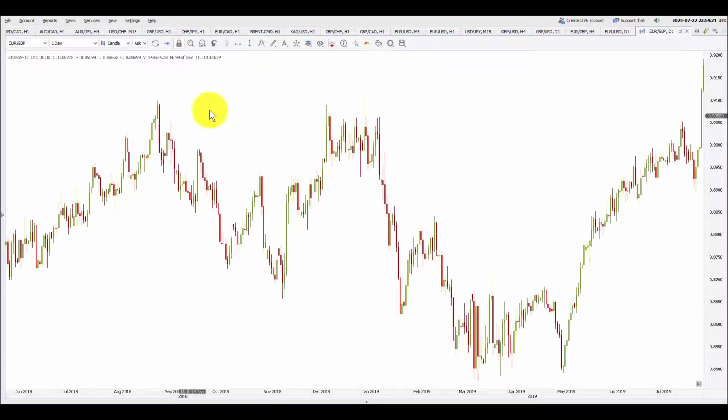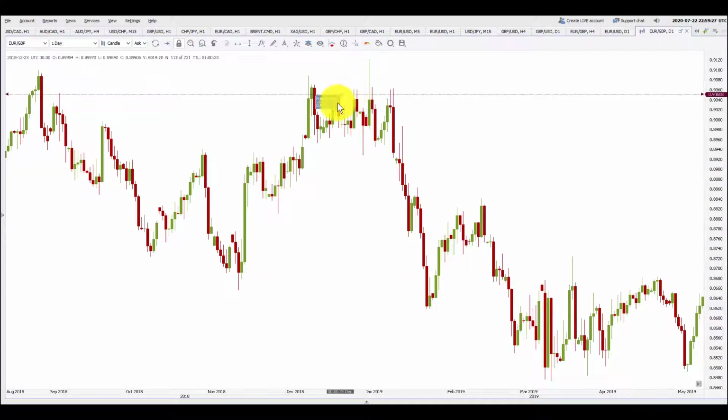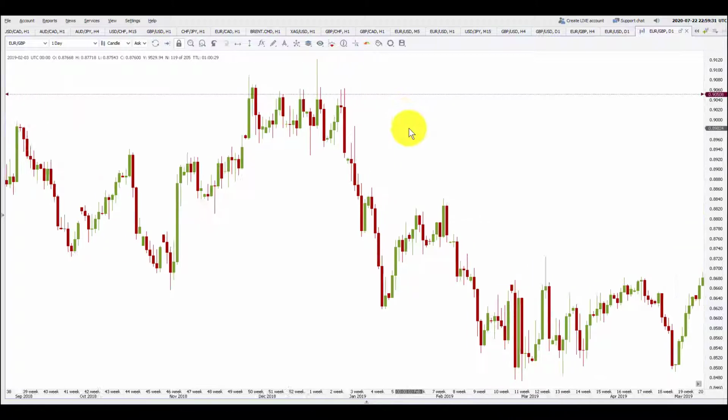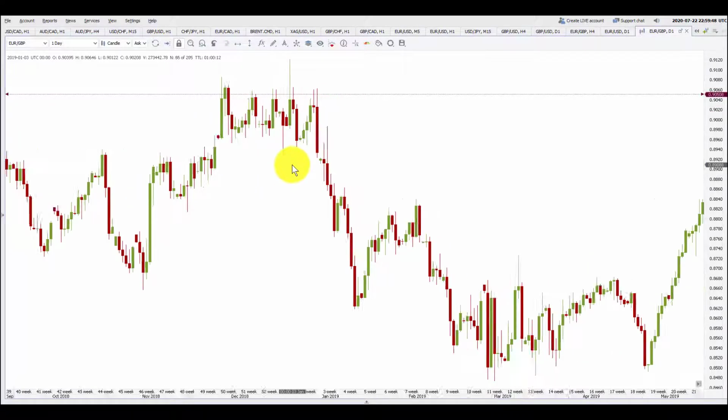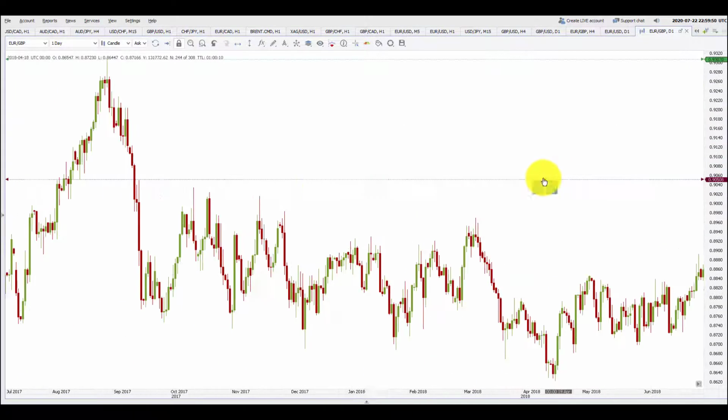Okay, you see this region here, this is a region of strong resistance, because here you can see the price was rejected almost 10 times, and then you see there is a formation of a bearish pin bar here. Although there was a little high and a bearish engulfing forming after this, yes, this was a valid bearish pin bar, and after that there is a follow-up, you see.